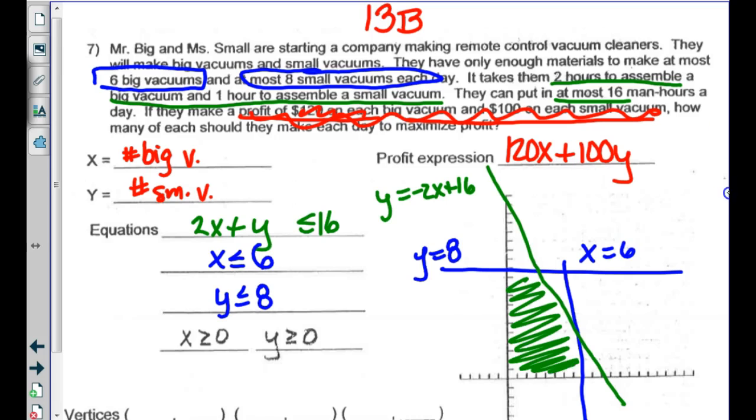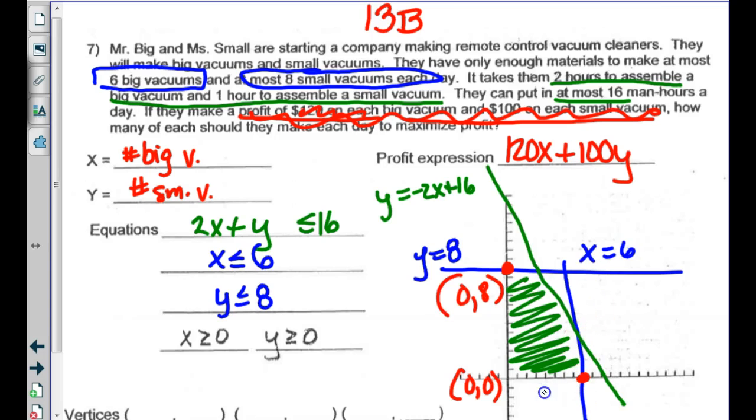But tell me some of the corners. 0, 0, yay, no one's getting that wrong on the quiz, are they? What's this one right here? It says right there y is 8, so it's what? 0, 8. What's this one right here?